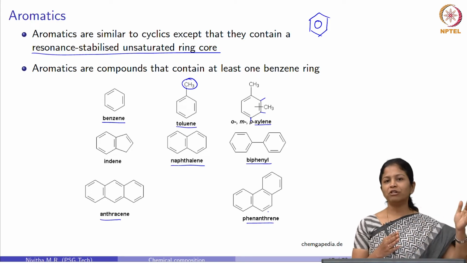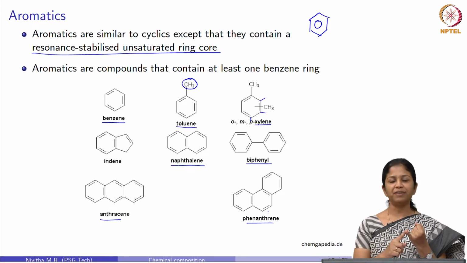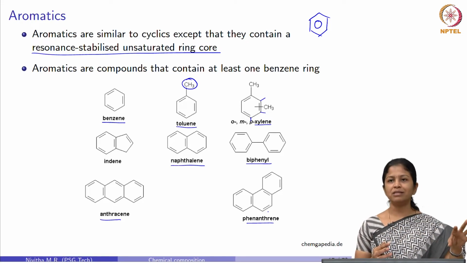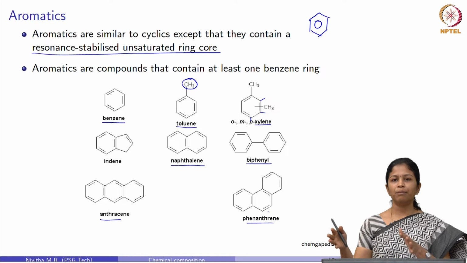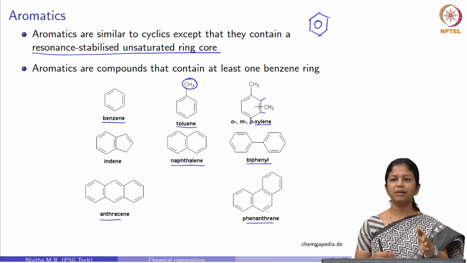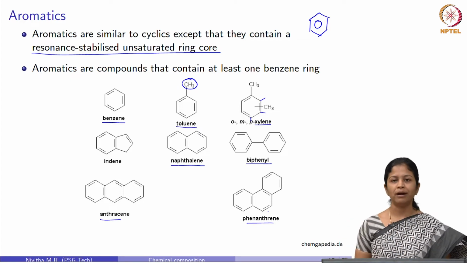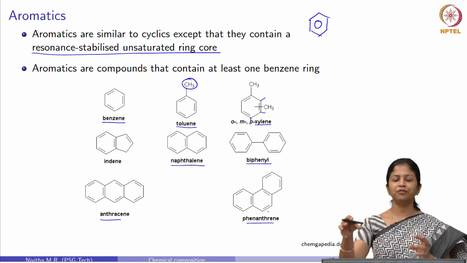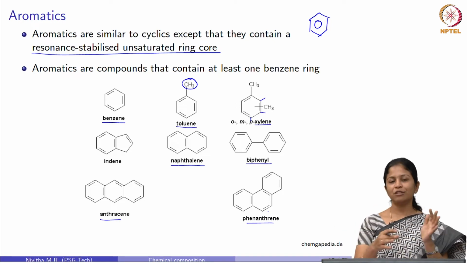Now, we have looked into different types of compounds: aliphatics, cyclics, aromatics. Many designed materials will have any one of these properties. It will be either an aliphatic or a cyclic or an aromatic. But bitumen, being a complex material with a lot of different types of molecules, has all of them.